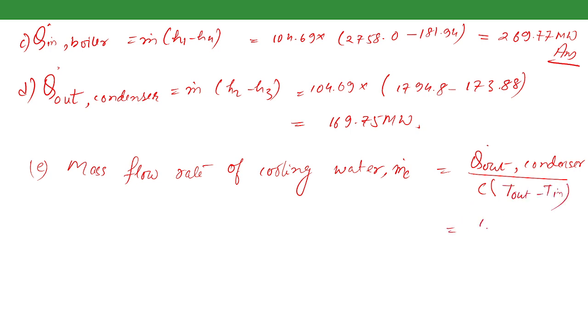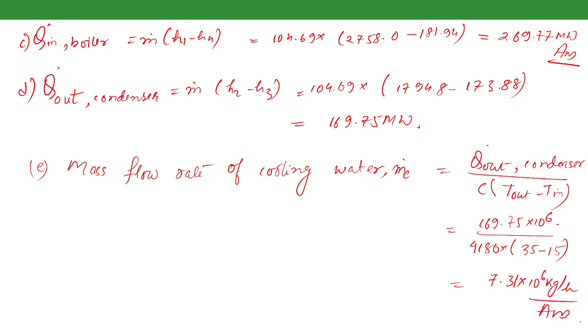So this is 169.75 into 10 to the power 6 by c for water, which is 4180, times the temperature difference. It comes out at 35 degrees Celsius and goes in at 15 degrees Celsius. So this value comes out to be 7.31 into 10 to the power 6 kg per hour. So this is the mass flow rate of the cooling water required.